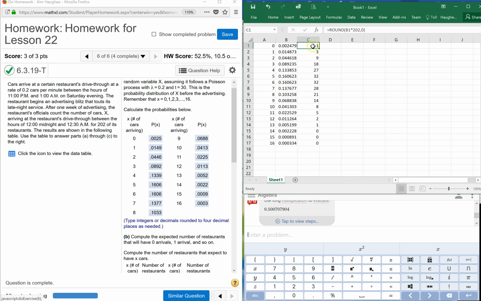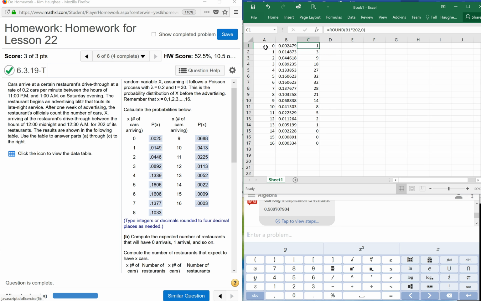So over here in Excel, there's 0 cars arriving and the probability, and then I multiply this probability with 202. So you can see up in the formula, I took the probability found in cell B1 and multiplied it with 202 restaurants. The comma 0 is to help us round this to a whole number.